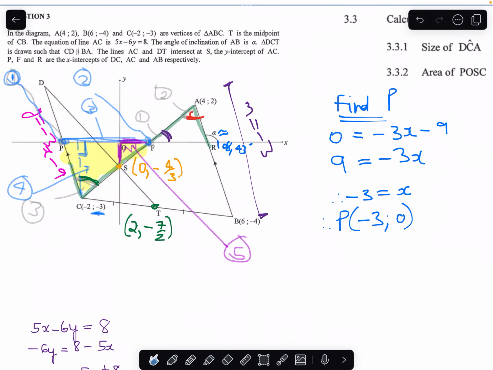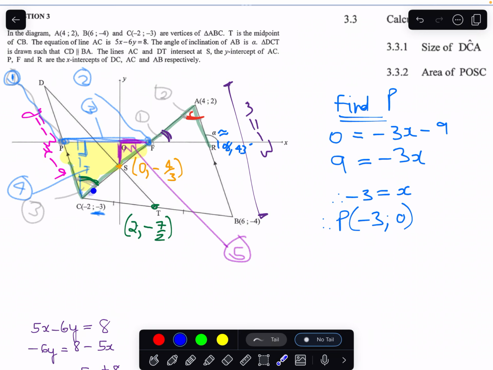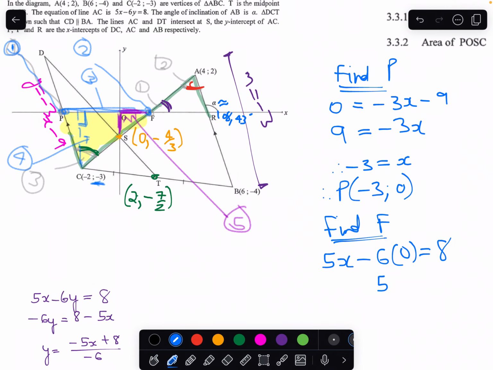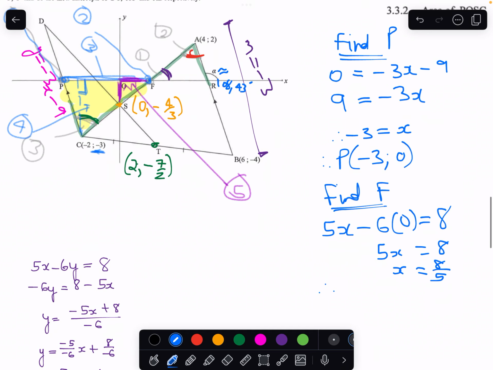Next up, we are finding the coordinates of F, which lies on AC, the x-intercept of this guy. So again, we will find that by making y 0. And therefore, the coordinates of F will be 8 over 5 and 0.